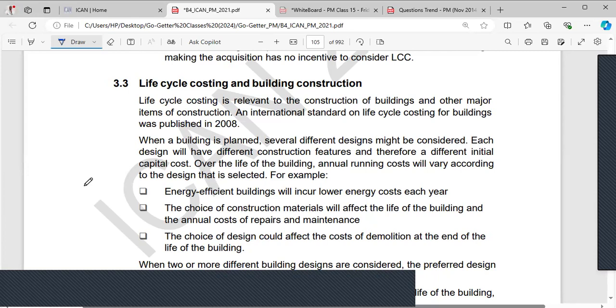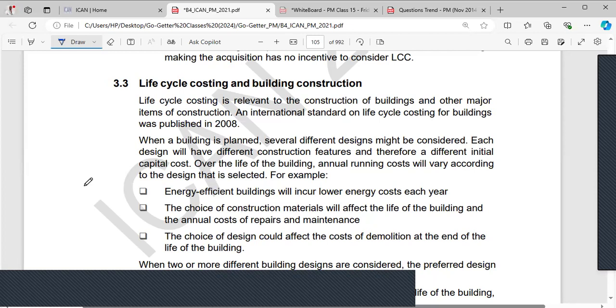And the choice of construction material will affect the life of the building and its maintenance. Sometimes you might use highly durable materials, and you'll be maintaining and repairing less than when you bring in a low quality material.